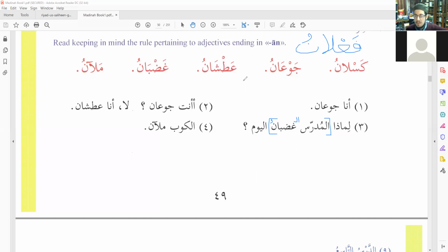But none of these examples here are Sifah Mawsoof. They are simple mubtada khabar. Ana jaw'an, ana mubtada, jaw'anu khabar. There's no Sifah Mawsoof going on. So there's no requirement that jaw'anu follows the mubtada in definity. In fact, it won't, because it's the khabar, right?